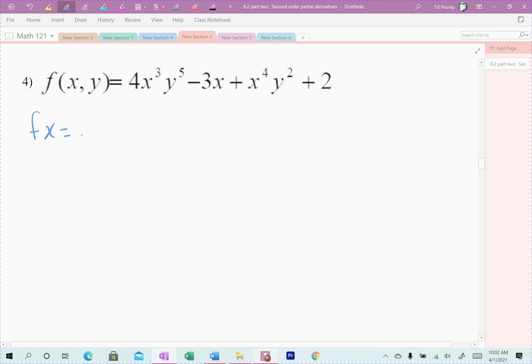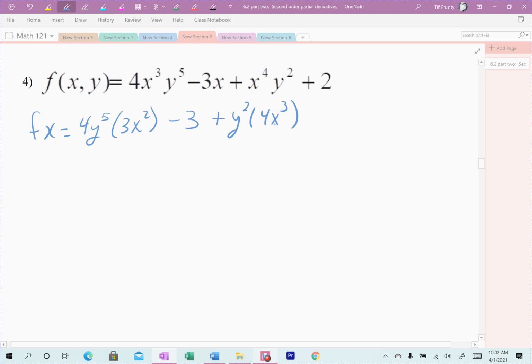Alright, so I've got 3x terms. I've got my 4x cubed 5y, and so we get 4, 5y comes along. X cubed gives me 3x to the second, minus 3 plus 4x. Or if you do it the other way, a lot of students prefer I bring down the y squared, take the derivative of 4x to the fourth, which is 4x cubed.